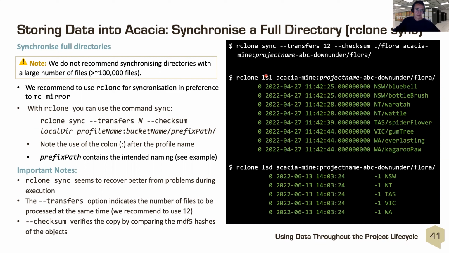But basically what we have seen is that when using these kinds of commands with a large amount of files that will take some time to be copied, if there is some kind of failure, rclone is better equipped to recover from failure than MC, especially in these large transferring commands.